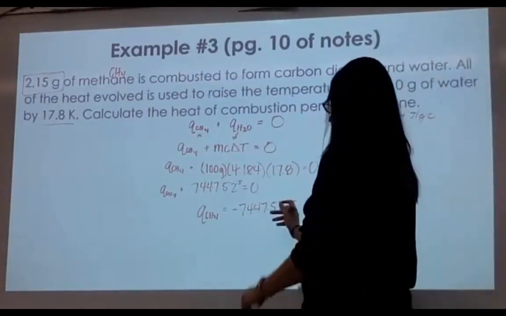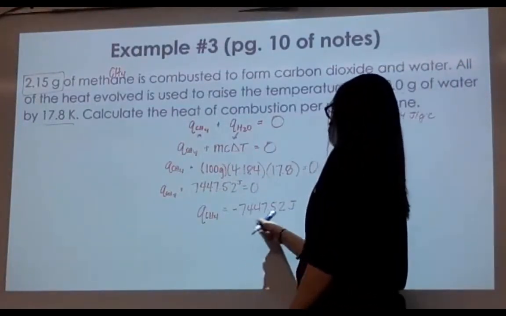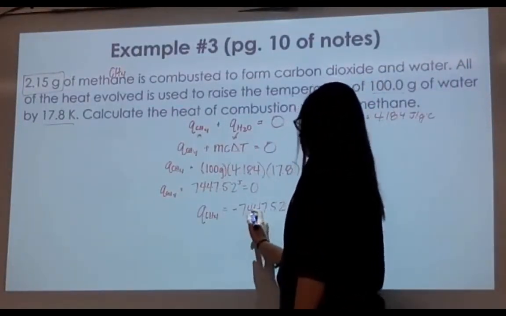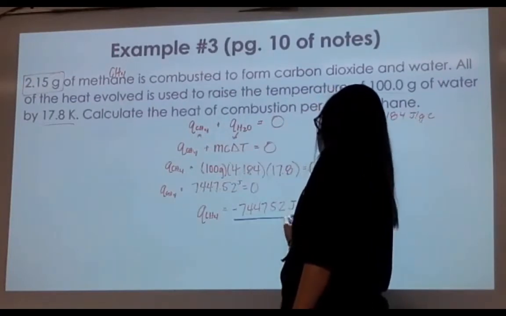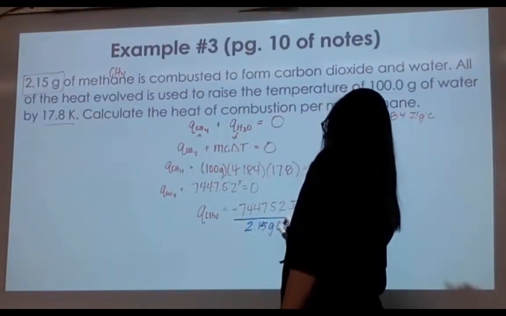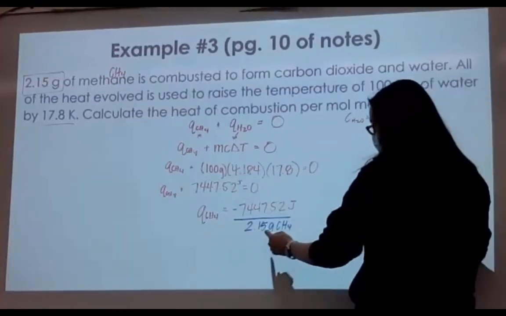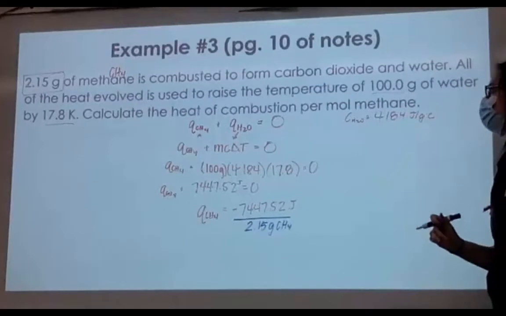So this, use a different color. This heat, negative 7,447.52 joules, was per 2.15 grams of CH4. So 7,000 joules of heat was released for 2.15 grams.